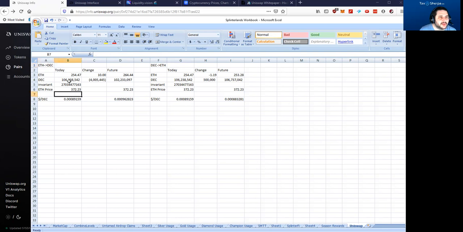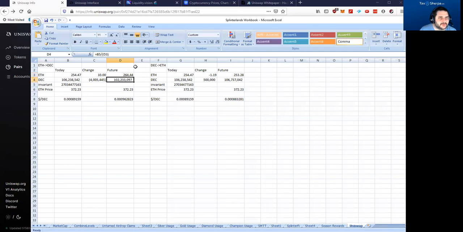So here we have these values, and the invariant is whatever this number is, like 270 billion or something. So if I put 10 in, then the pool goes from 254 to 264. There's a slight decrease because of fees that are paid to the liquidity providers, and that kind of screws up the exact calculations, but it comes out really close.